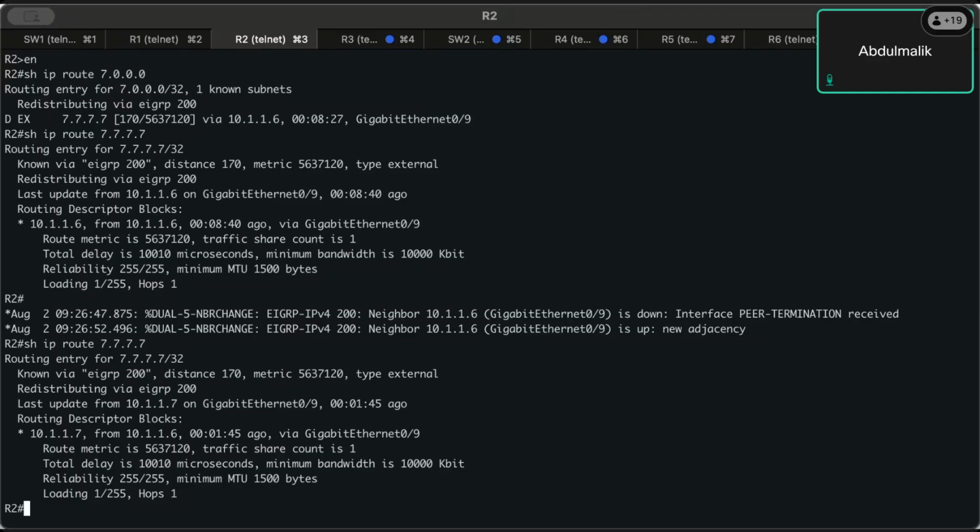So what we've done now, does it show that R1 and R2 go directly to R7 to reach the 7.0 network? With the no next-hop-self command that we did on router 6, does that cover it?